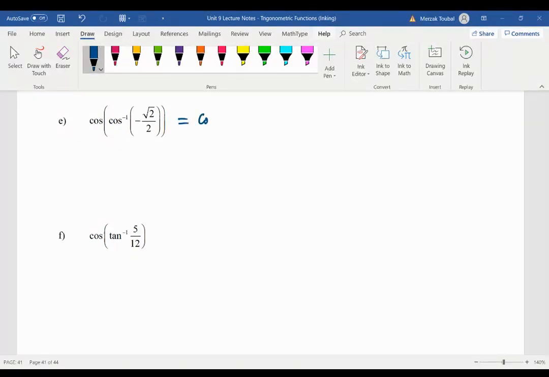So cosine. Now, what is cosine inverse of negative root 2 over 2? Well, for cosine inverse we use quadrants 1 and 2.